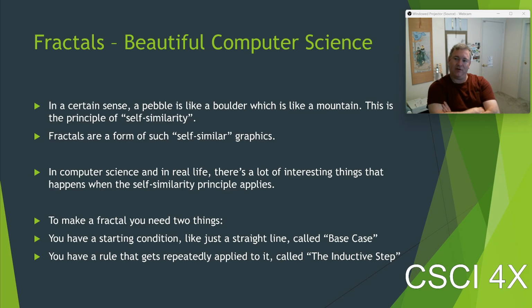Self-similarity also applies to algorithms, to programs you write. A lot of problems can be solved by breaking them down into smaller problems. And this is one of those principles that, even if you're not a computer science major, you should learn and internalize.